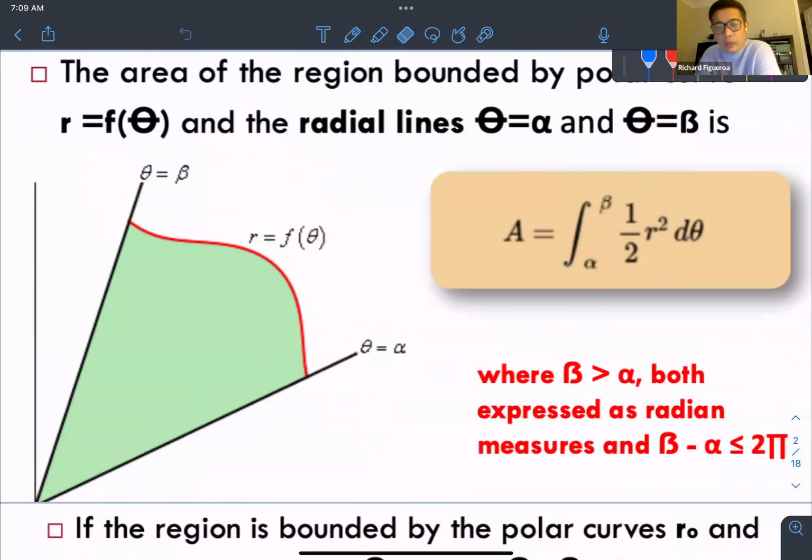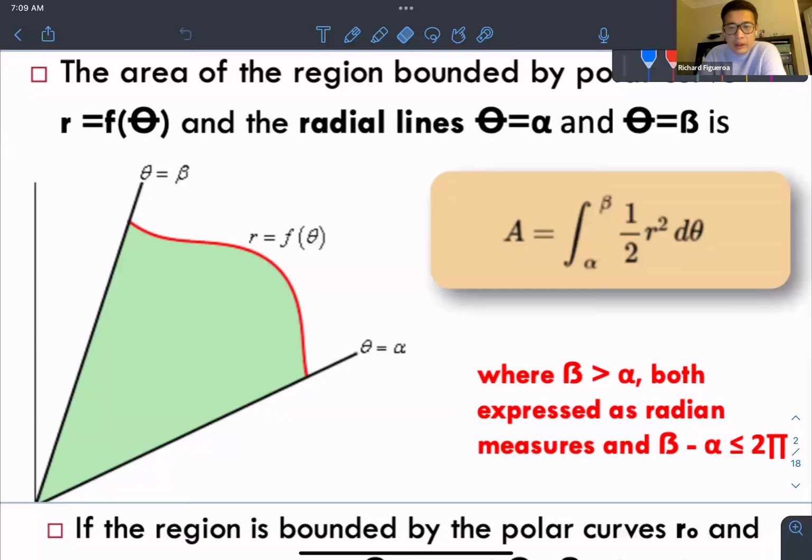Remember that polar curves are usually stated in a polar form. The area here would be equal to 1/2 r squared d theta, evaluated from alpha to beta. Usually, if it is just a single curve, our alpha would be 0 and then beta will be 2 pi.